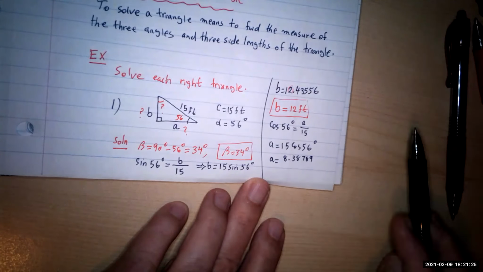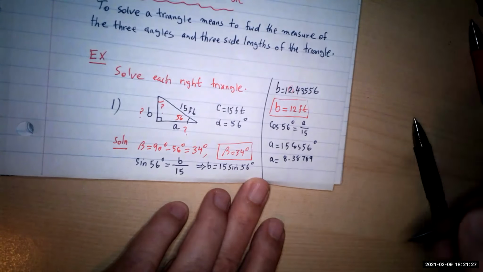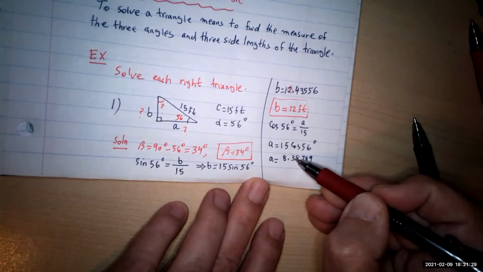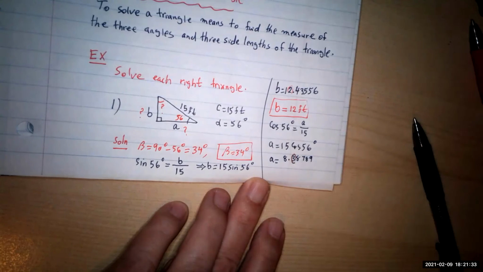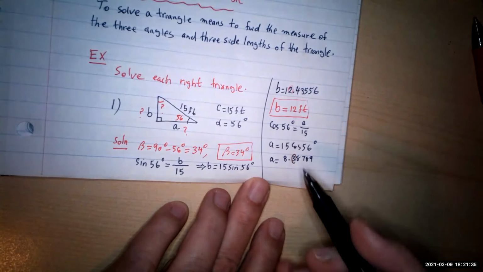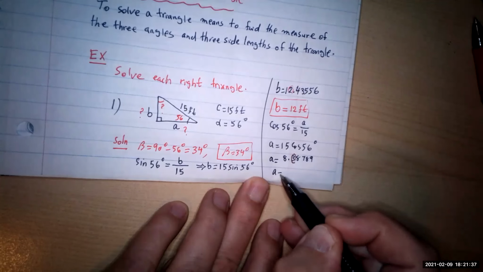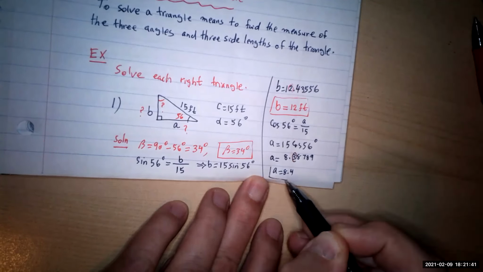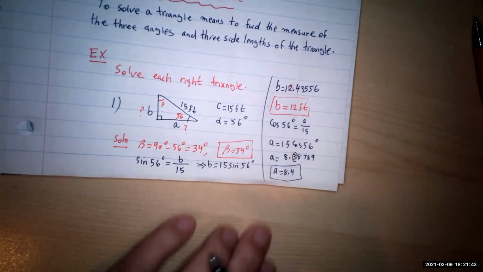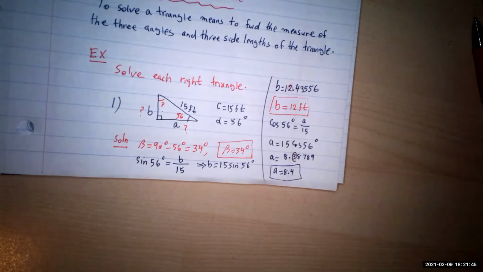So you have to round that to the tenth place so that you get only 2 digits. In this case, A would be equal to 8.4 as the final answer. This is the general instruction for rounding in this section 1.5. Any question?